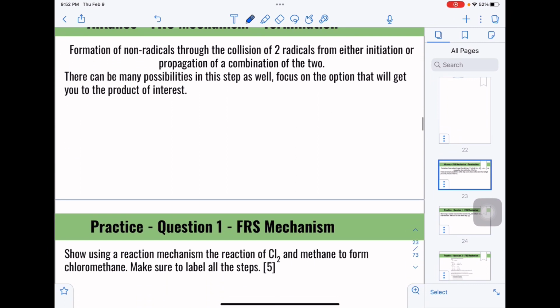And in termination, we are terminating this crazy radical process. And the only way we can terminate this process is by making sure that there are no radicals. Because as long as radicals exist, this process is going to be going crazy. Radicals will keep propagating. So to terminate, we take 2 radicals, put them together, and they form a non-radical.